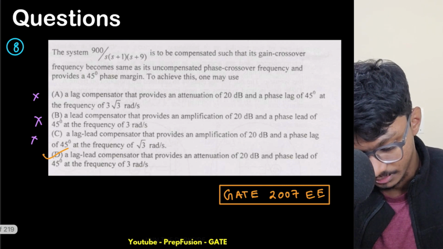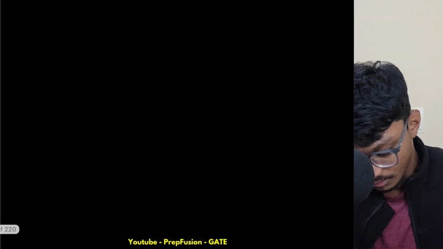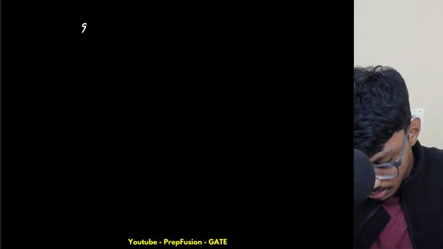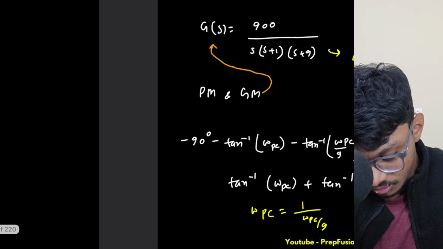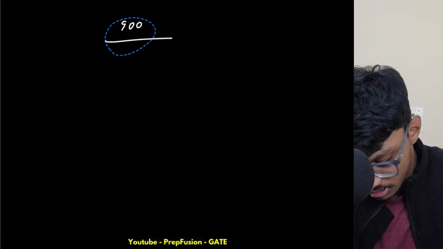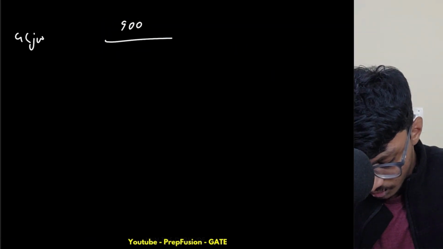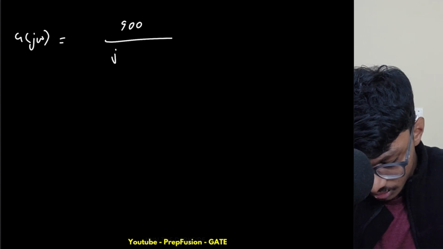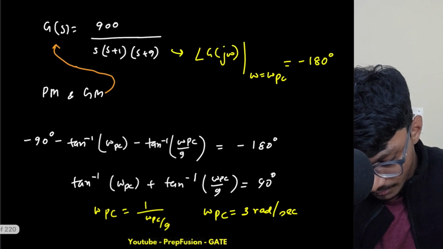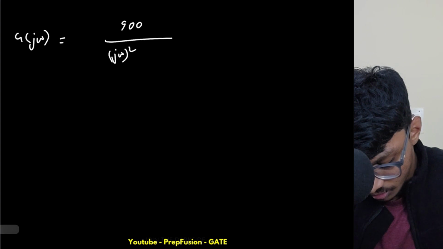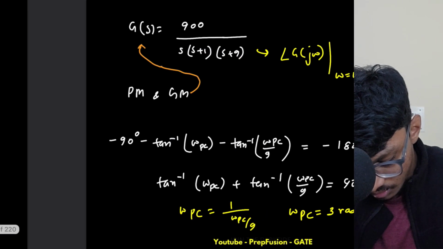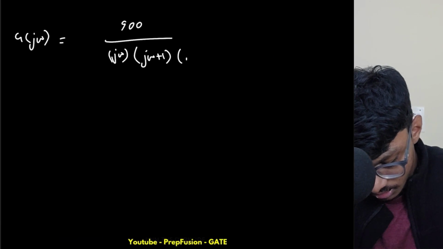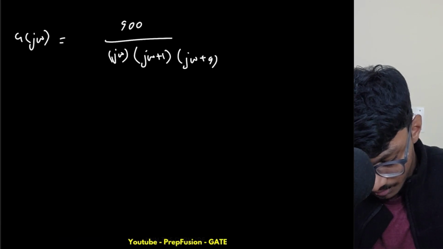So what is the other method? The other method is simply this. I have already told you, I think, that you just take care of the imaginary part. So just convert this into G of j omega. This will be j omega into j omega plus 1 into j omega plus 9.